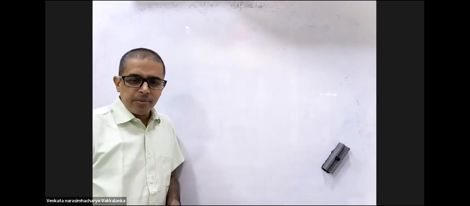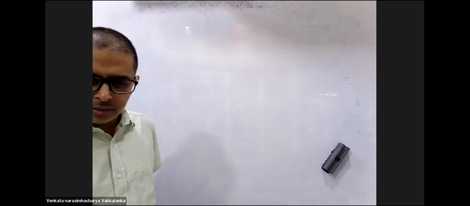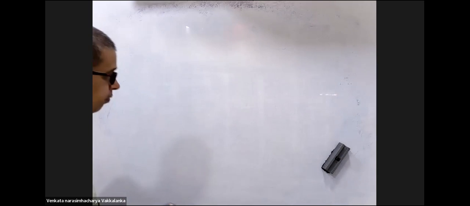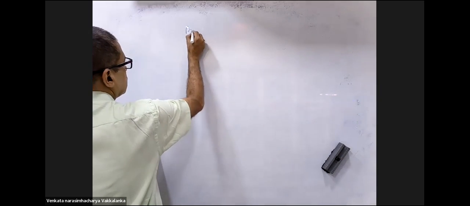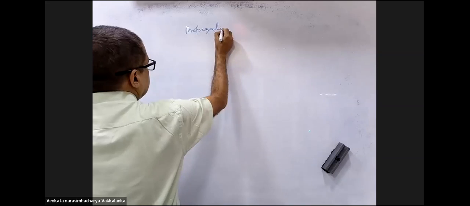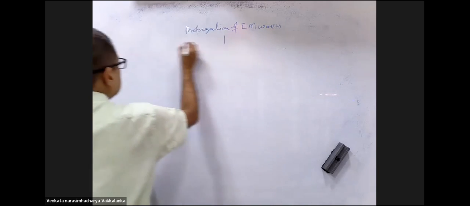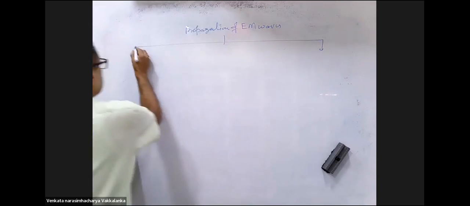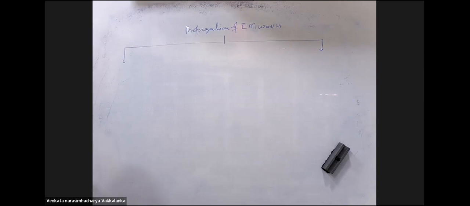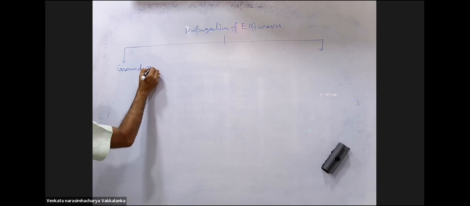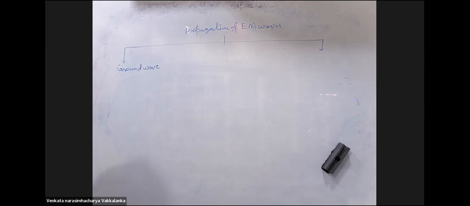Now listen, the main part here is about transmission. Propagation of EM waves. There are three types of propagation. Are you able to see this part of the board? First is ground wave. How is ground wave propagated? It is propagation through surface wave.